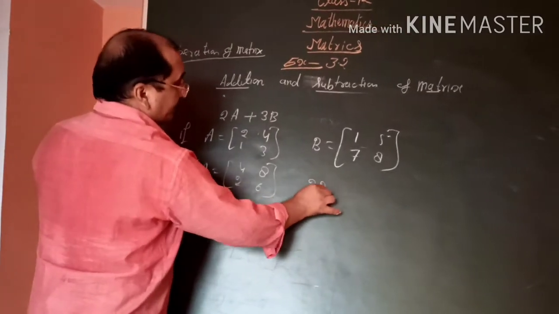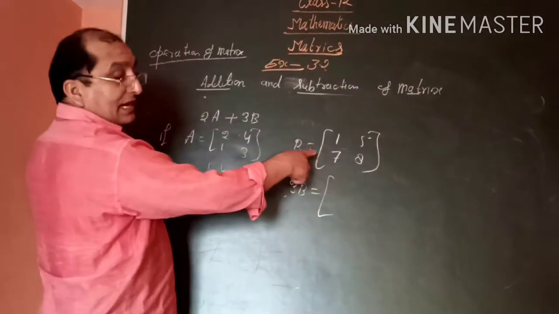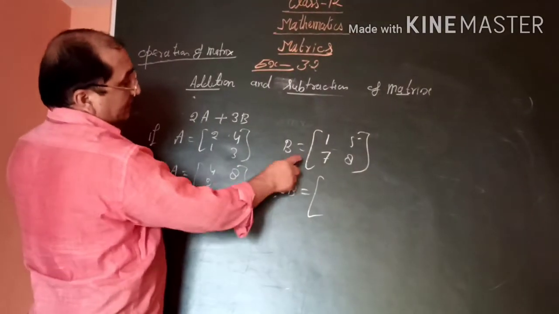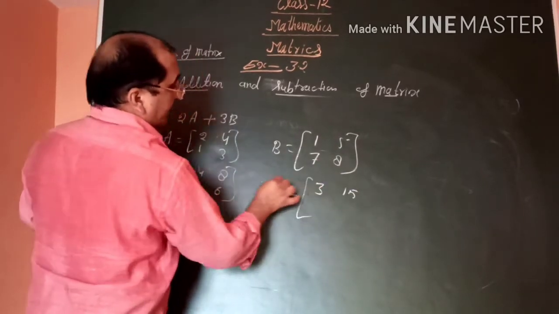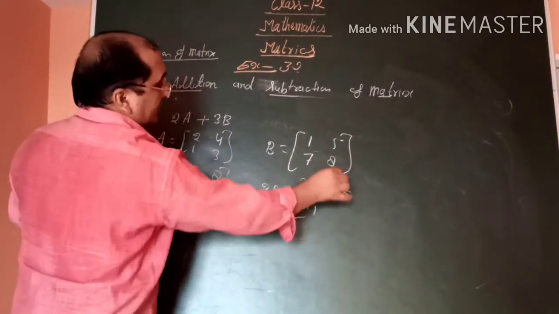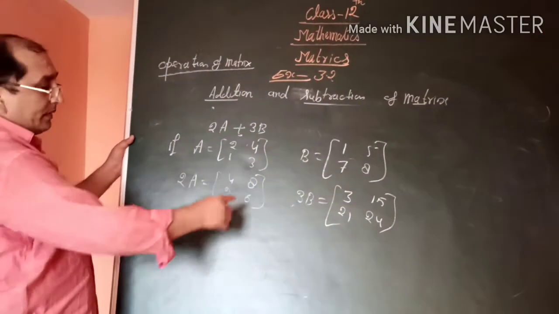And 3B means we will multiply all elements inside this matrix by 3. 3 1s are 3, 3 5s are 15, 3 7s are 21, 3 8s are 24 will come. Then addition of these two matrices.